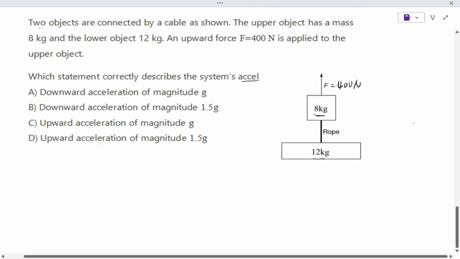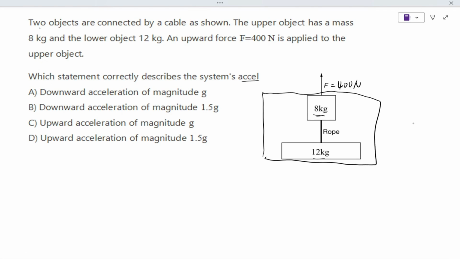First, for this type of question, we'll treat this part of the graph as a whole. What do I mean by that? Basically, we treat the entire part of this as a 20 kilograms object. Why? Because the rope provides a tension force to the 8 kilograms and provides a tension force to the 12 kilograms.